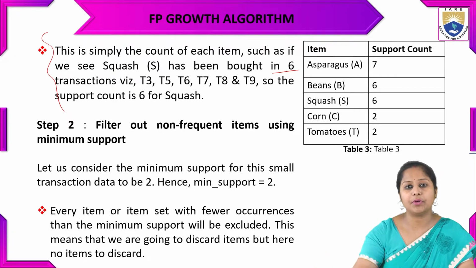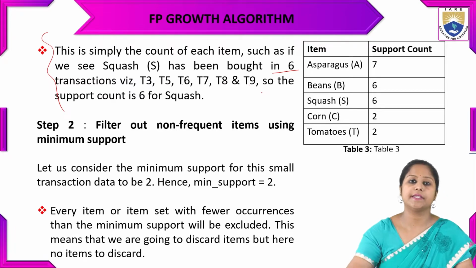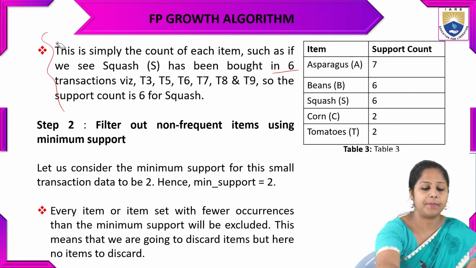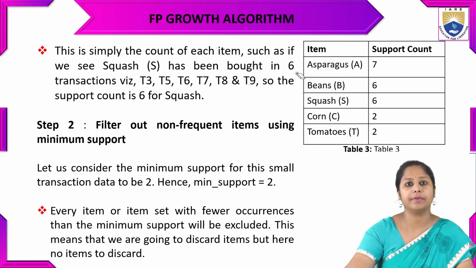So the support count is 1, 2, 3, 4, 5, 6. Squash occurred 6 times across the transactions. That was the main purpose: how many times an item occurs. So we will find out the support count for that. We need to find out the support for that.